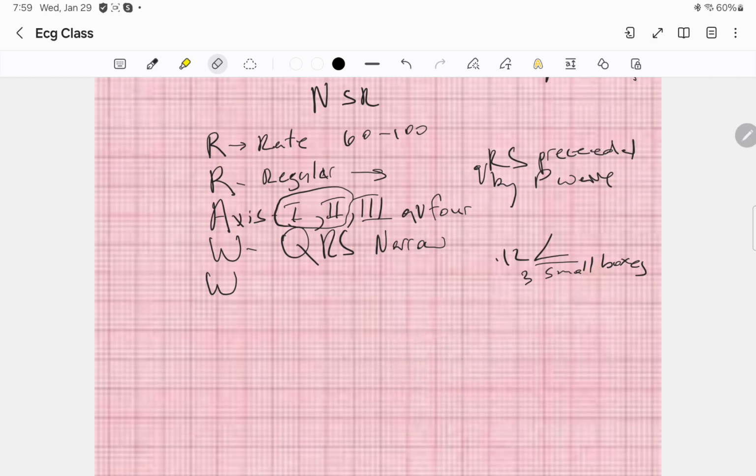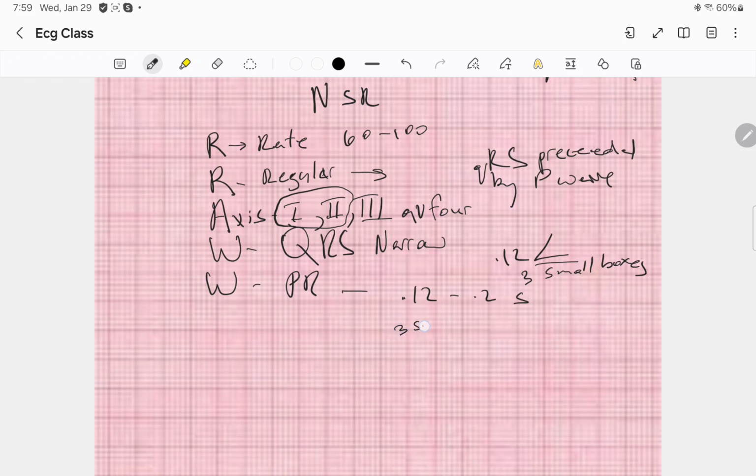All right, finally, the final component of sinus rhythm would be the width of the PR. So the PR should be between 0.12 to 0.2 seconds.